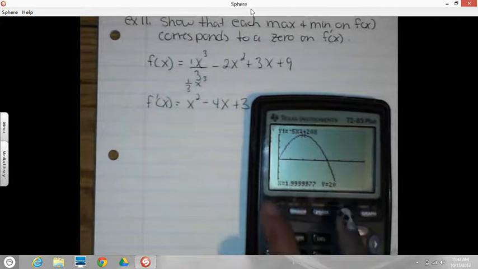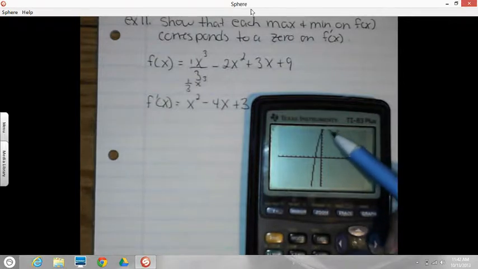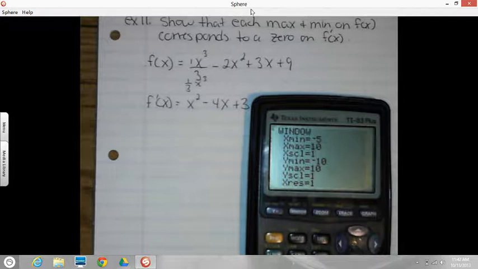Y equals x cubed divided by 3 minus 2x squared plus 3x plus 9. Okay, looks like we want to see up here just a little bit more and a little less of this. So window, we're going to decrease the x. We're going to go -5 to 7.